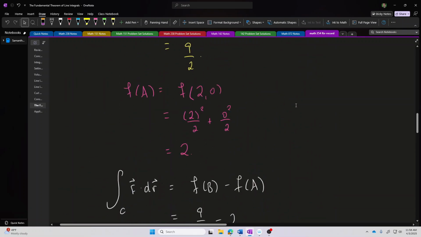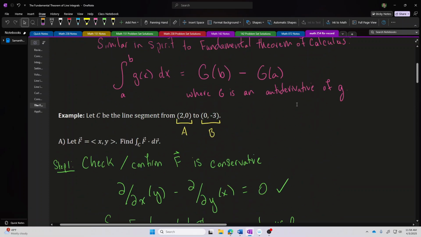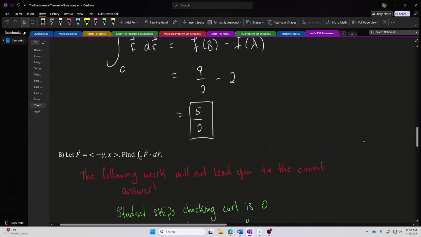C was said to be the line segment from the point 2, 0 to the point 0, negative 3. So I'll use our linear interpolation formula, our LERP formula, to parameterize this line segment.